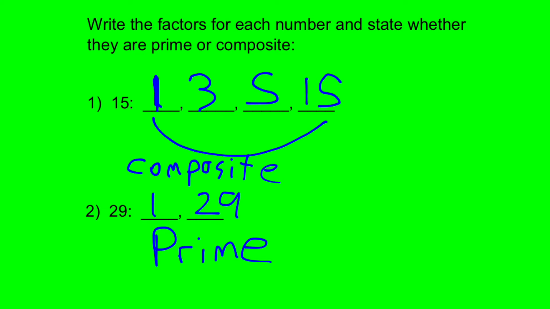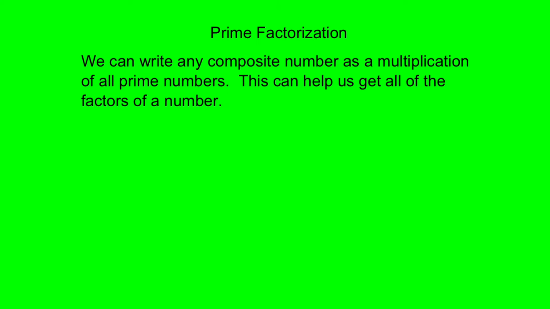Now we're going to do prime factorization. We're going to be using our knowledge of prime numbers to break up composite numbers into all multiplications of prime numbers. Let's take a look with a small number.